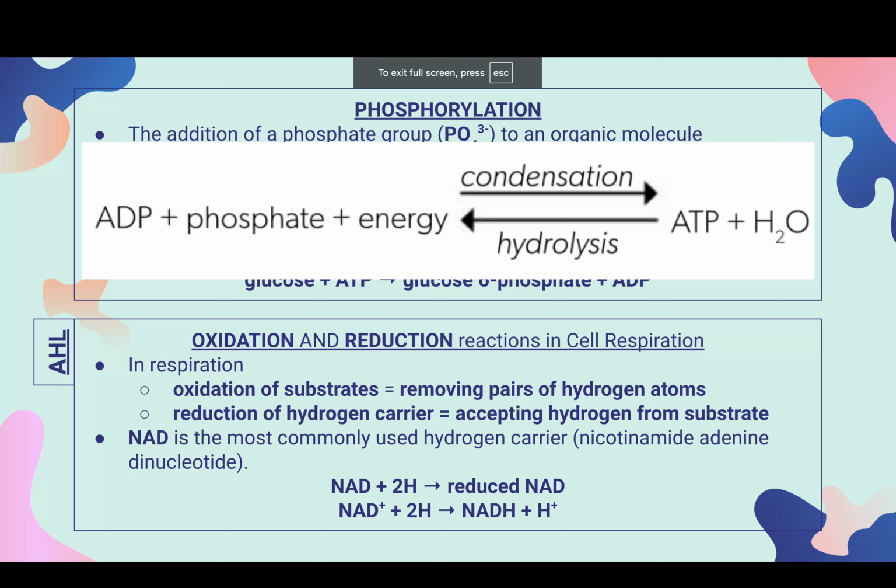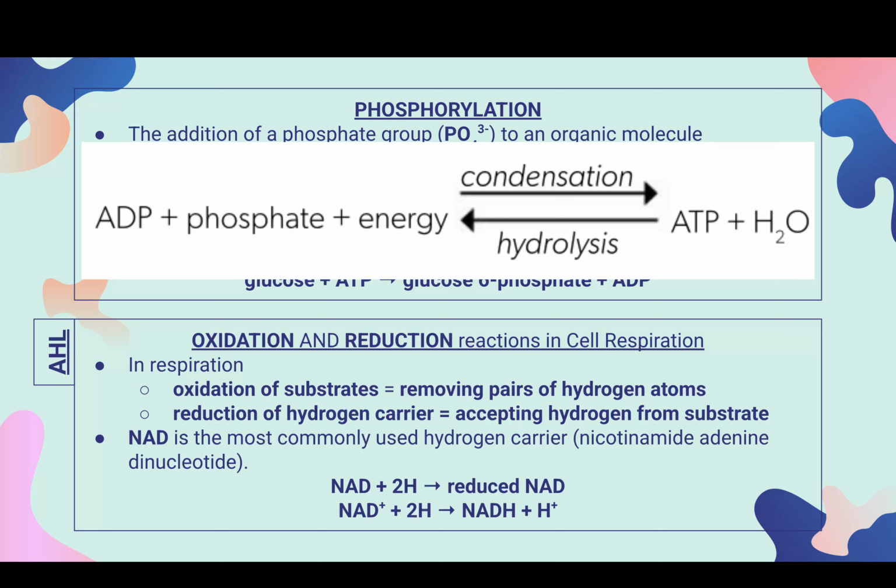So what you need to know is when you go from ATP to ADP, it's a hydrolysis reaction because you need the water to help split the phosphate bond, and then it becomes ADP.